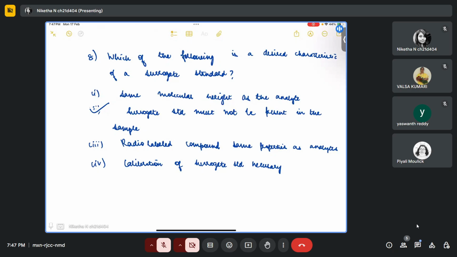And surrogates are usually radiolabeled compounds which behave the same way as the analytes. So the third option is also right. And calibration of the surrogate standard is also necessary because we need to find the loss or difference in the concentration of the surrogate standard. So in that case, we need to have a calibration curve for the surrogate standard also. So the fourth option is also correct.